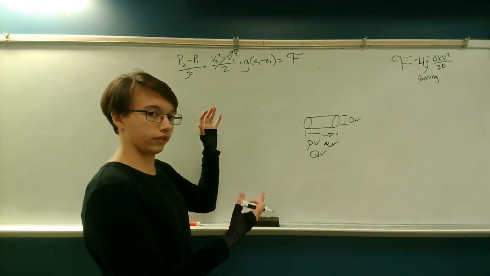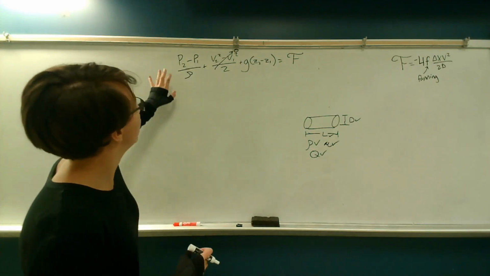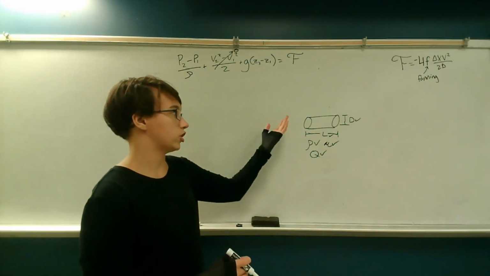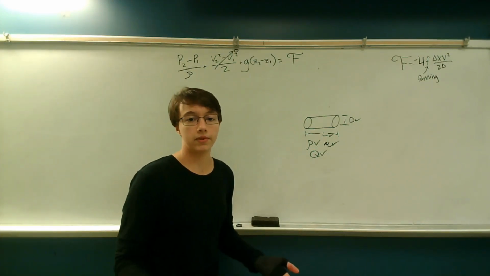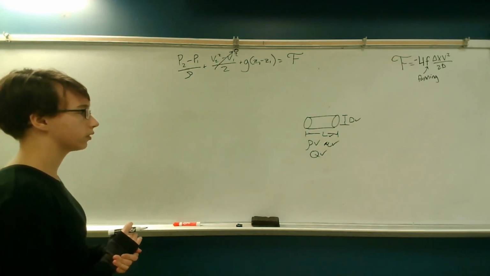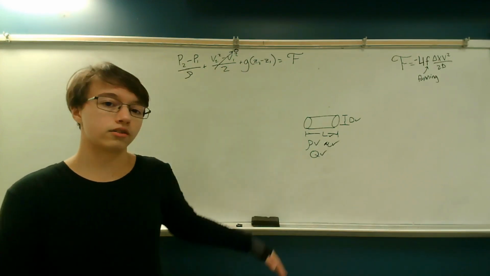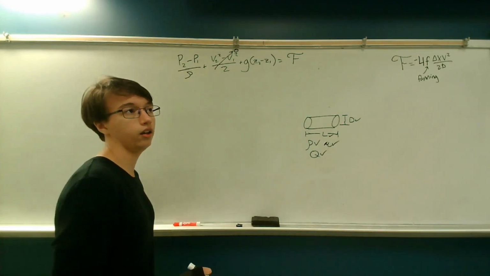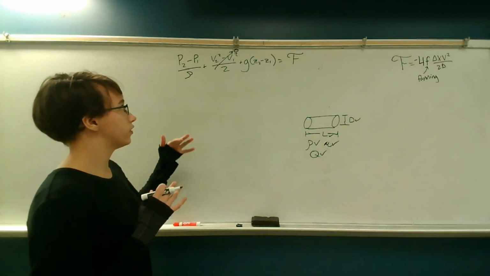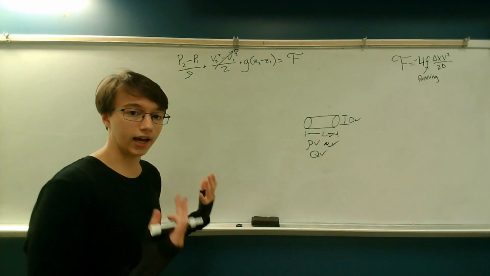And height difference would obviously be obtained just by changing the height of the end of the pipe. A pressure difference would be achieved by connecting this to a pump system. So what we're looking for is what difference in pressure and/or height is going to cause us to have a certain flow rate. And the combination of the pressure difference and the height difference is referred to as a head.